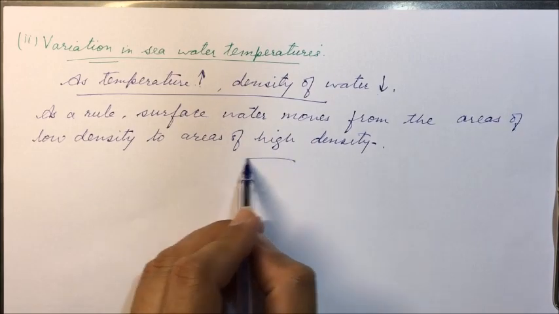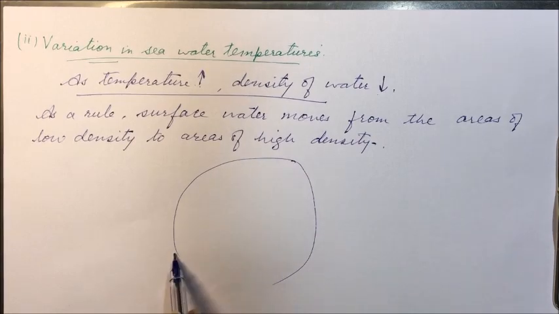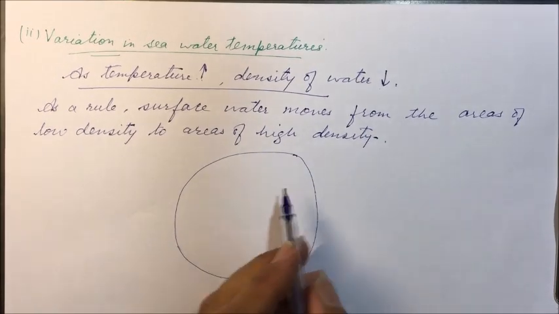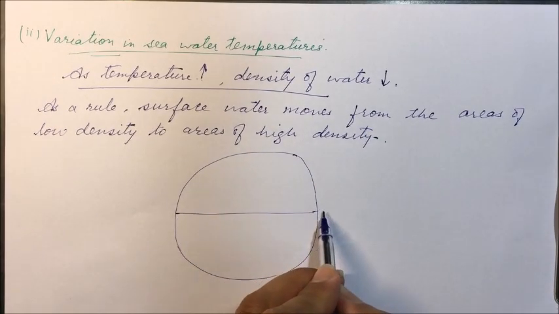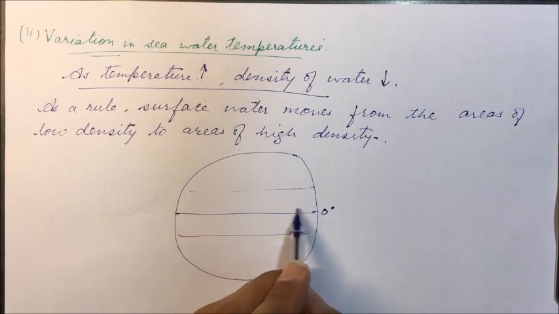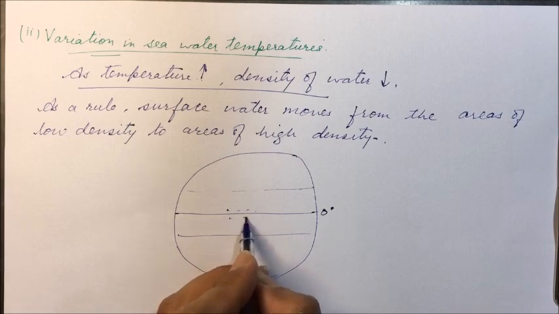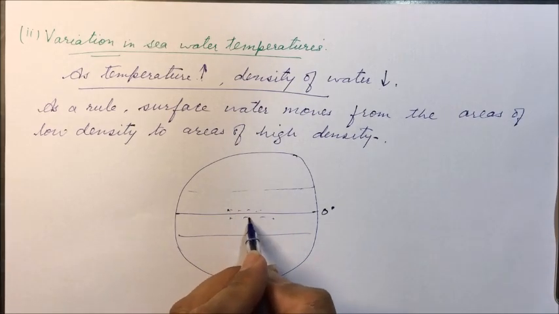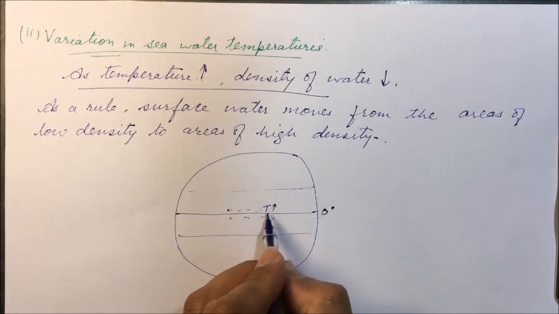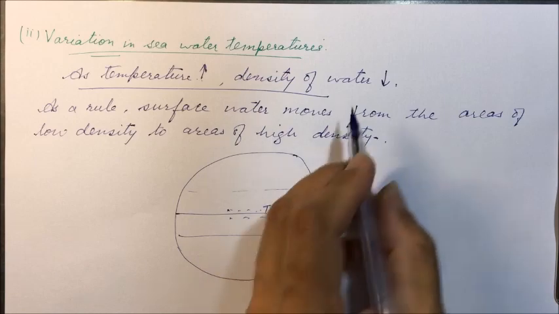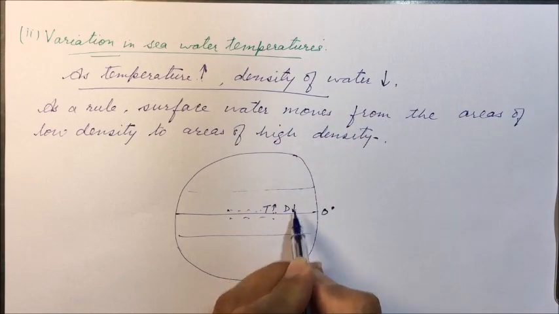So for example, it's the earth, here we have the equator, 0 degree. Mainly the heat is concentrated in the equatorial region. Water here gets heated, temperature here increases. As the temperature increases, the density of water will decrease.